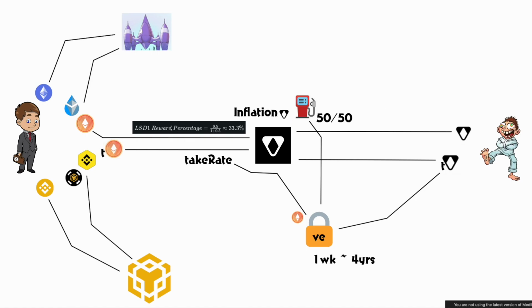Now, inflation does not go one-to-one. Like this T Rocket Pool ETH is not equal to this T TENET, right? So the T TENET always has a 1, and the LSD has some number set to it, less than 1. If you look at this formula, you can think about it, but basically like 33% of this inflation and gas will be given to the T Rocket if the T Rocket is set to 0.5, right?